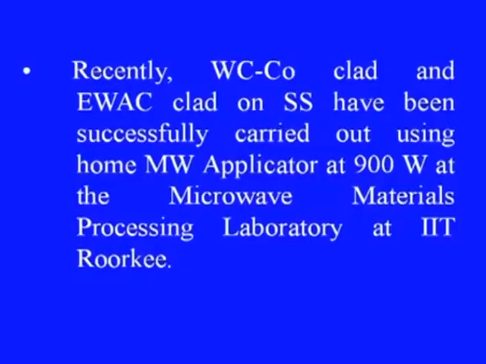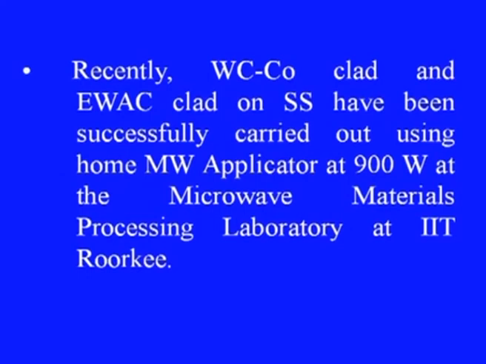Then some recent developments in microwave cladding on metallic substrates. After some trials, it was found that it is possible to develop metallic coating with substantial thickness on metallic substrates through a novel processing technique known as microwave hybrid heating.